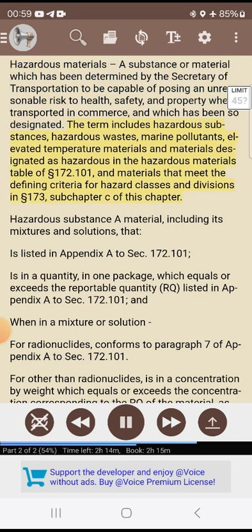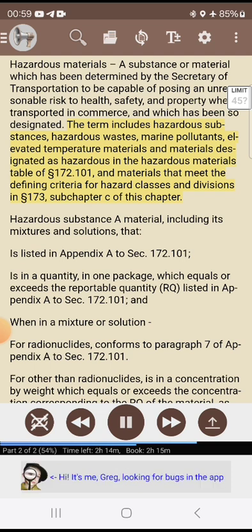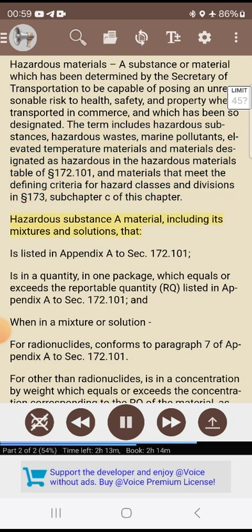The term includes hazardous substances, hazardous wastes, marine pollutants, elevated temperature materials and materials designated as hazardous in the Hazardous Materials Table of Section 172.101, and materials that meet the defining criteria for hazard classes and divisions in Section 173, Subchapter C of this chapter. Hazardous substance: a material, including its mixtures and solutions, that is listed in Appendix A to Sec.